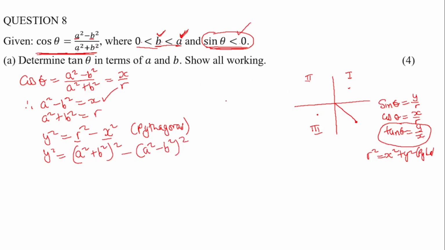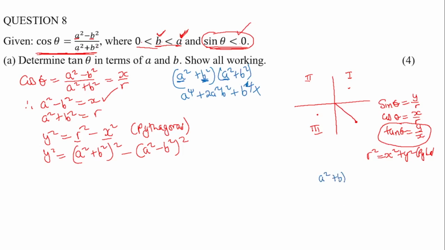I want you to remember this, there's a shorter way of doing this. a squared plus b squared times a squared plus b squared. You square this, so it becomes a to the power 4, plus 2 a squared b squared, plus b to the power 4. Just that.